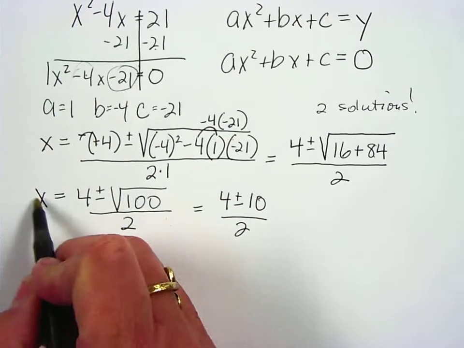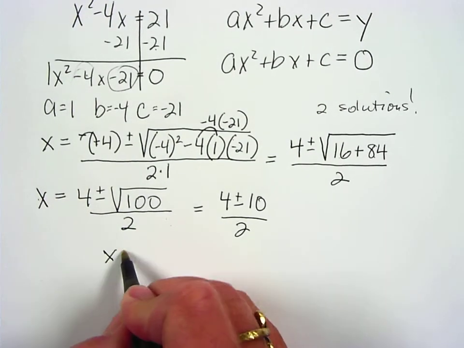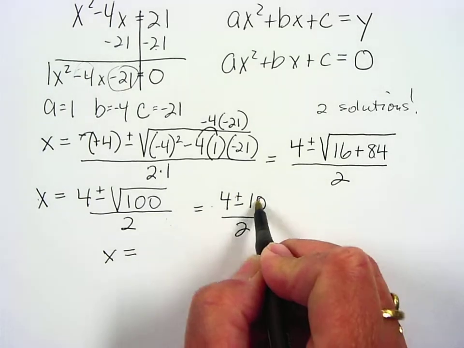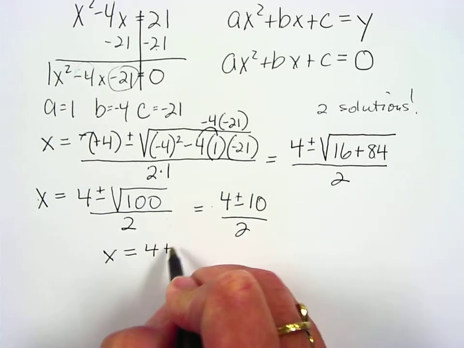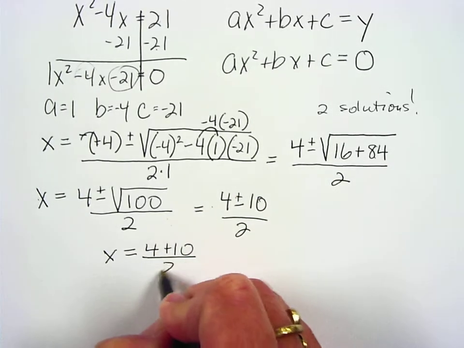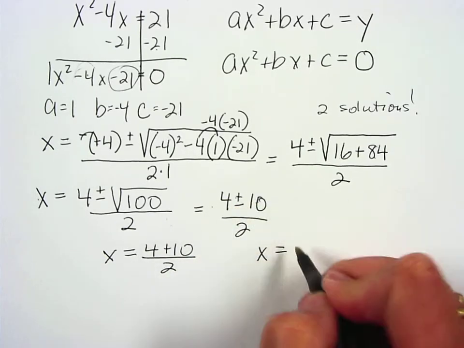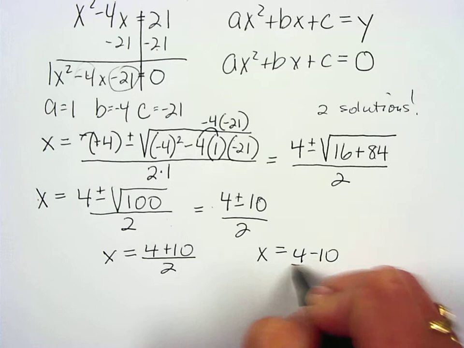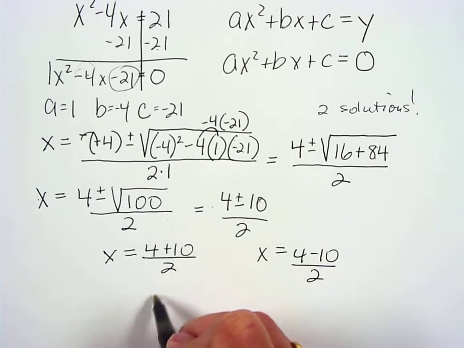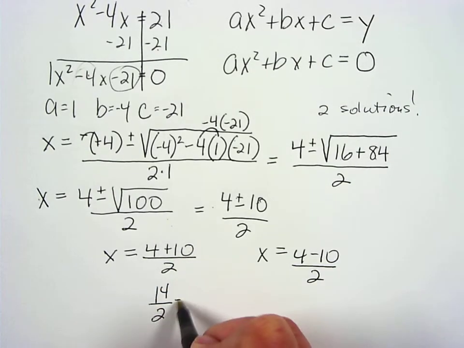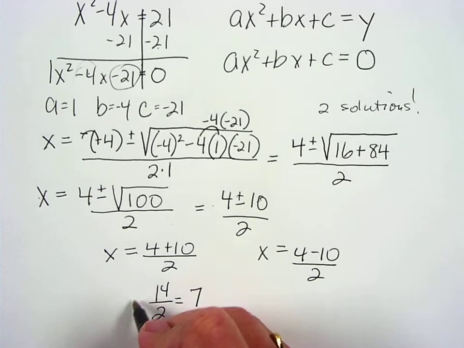And my 2 equations are x equals 4 plus 10 all over 2, or x equals 4 minus 10 all over 2. 4 plus 10 is 14. 14 over 2 is 7.